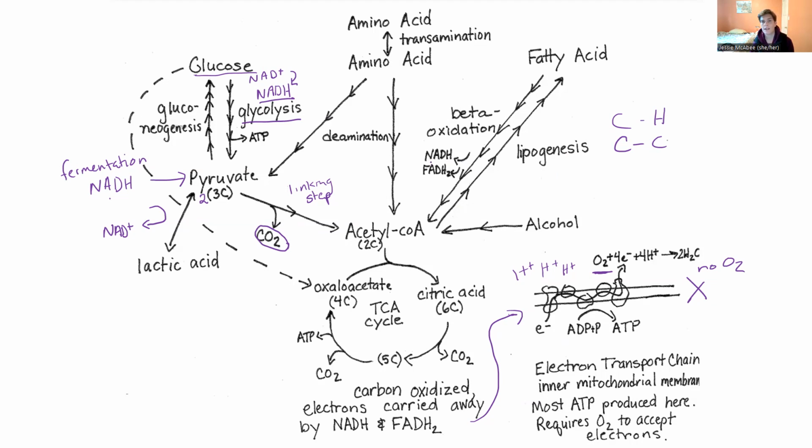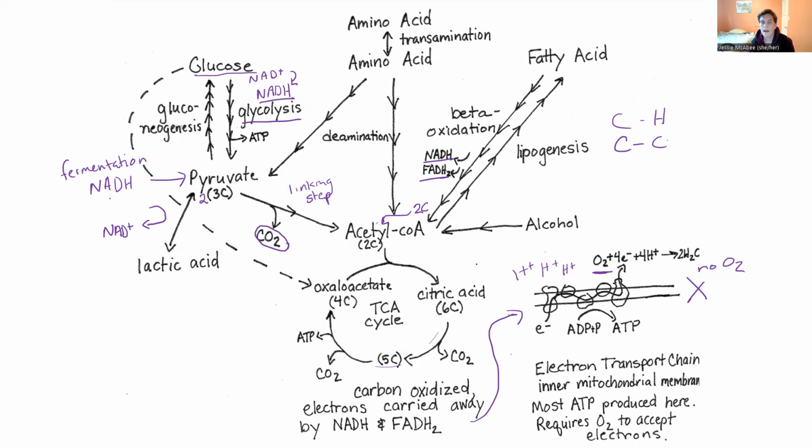So carbon is oxidized, and the beta oxidation process produces a lot of NADH and a lot of FADH2, as each time 2 carbons are converted into that acetyl group. So it's broken down 2 carbons at a time into this acetyl group, which can feed into the citric acid cycle, and then can produce more NADH and FADH2 that can carry the electrons and make ATP.